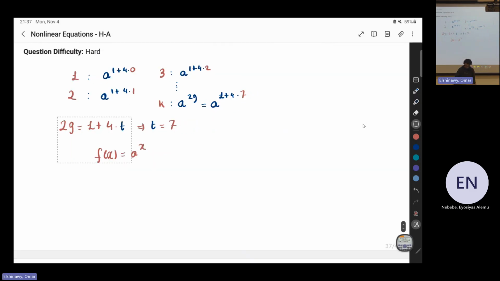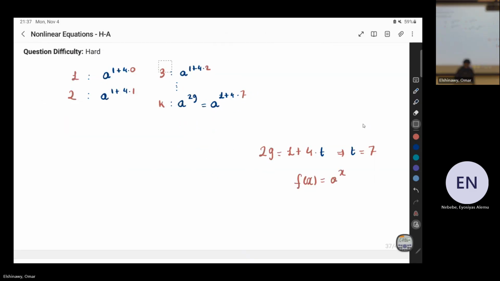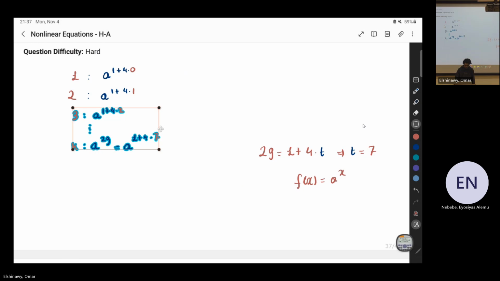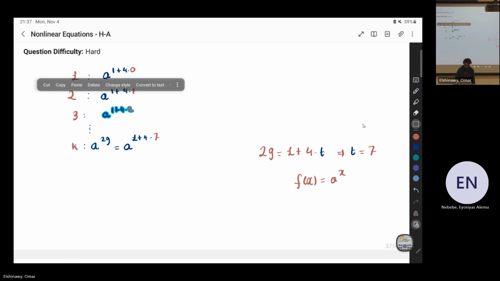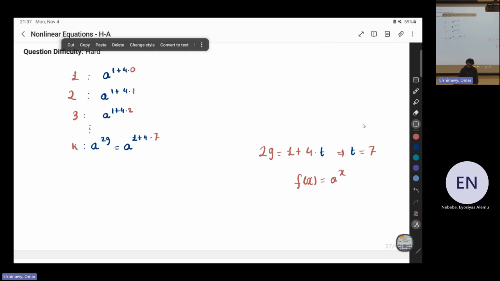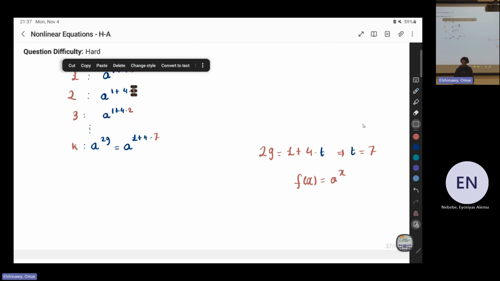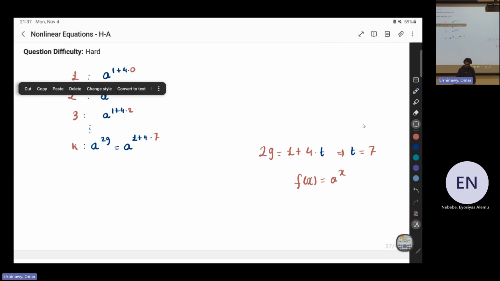Right. That's this. So with 1 I got 1 times 4 to the 0. With 2 I got 4 times 1. With 3 I have 4 times 2. With 4 I have 4 times 3. With 5 I have 4 times 4, and so on and so forth.